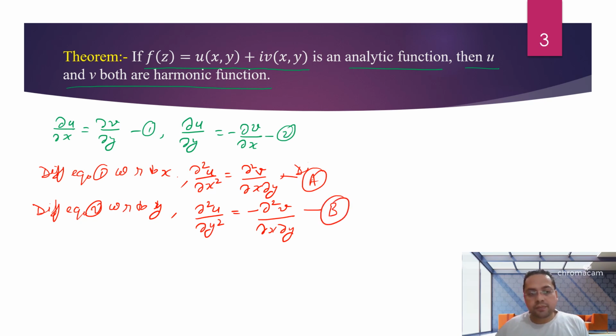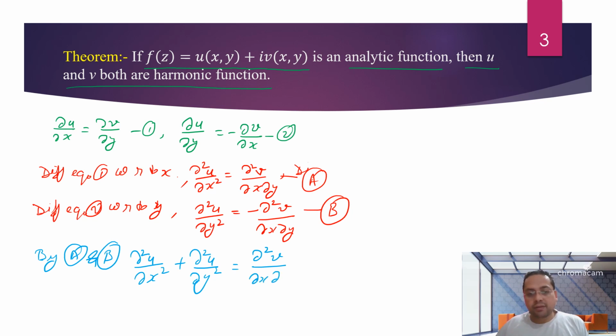If we add equation A and B, what we get? Del square u over del x square plus del square u over del y square is equal to del square v over del x del y minus del square v over del x del y, which is equal to 0.